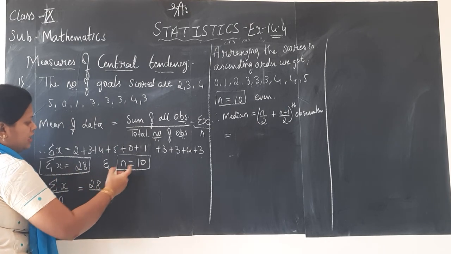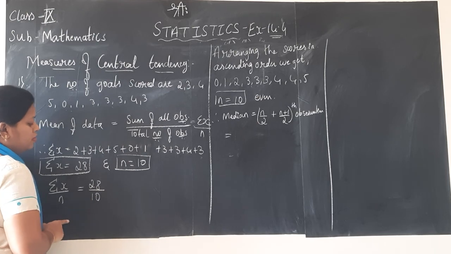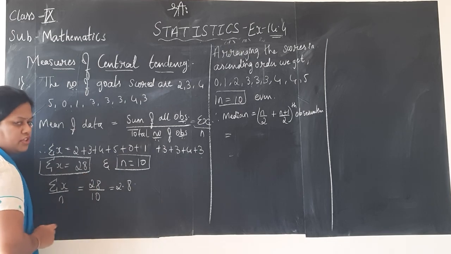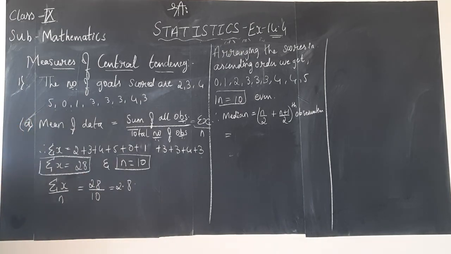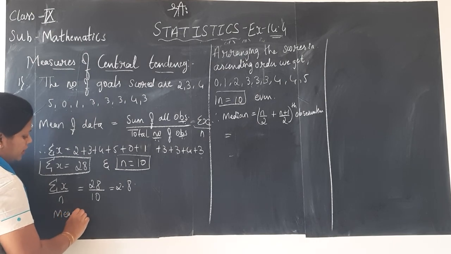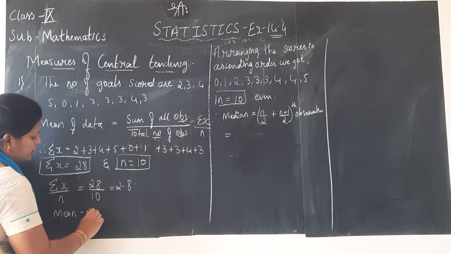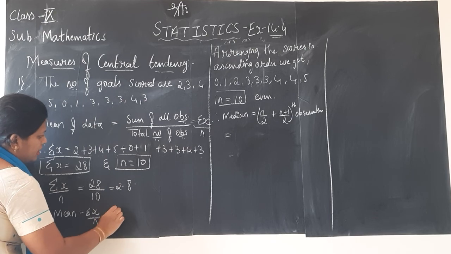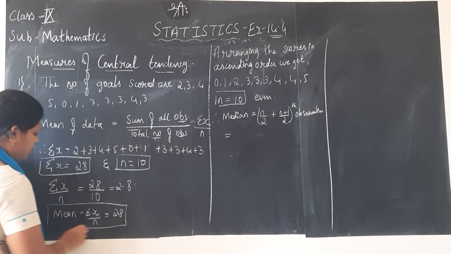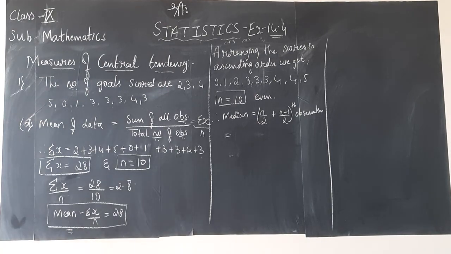We got 28 divided by n, that is 10. You will get 2.8. It is very simple division. So what is the mean? It is 2.8. Like this you should write one sentence lastly. Sigma x by n is equal to 2.8. Hence we find out the mean.